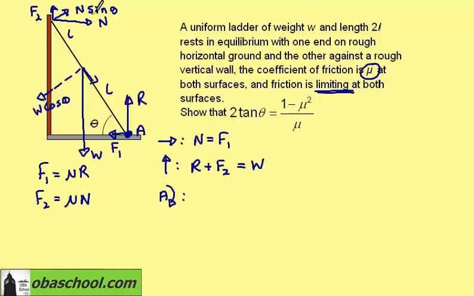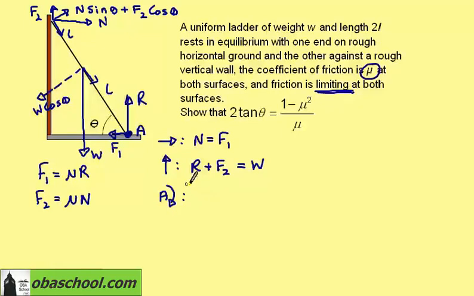Since F2 is at right angles to N, this angle is theta, and therefore in this direction we'll have F2 times the cosine of theta. Any components in this direction will go directly through A and have no turning effect.